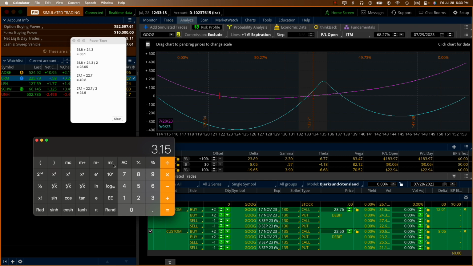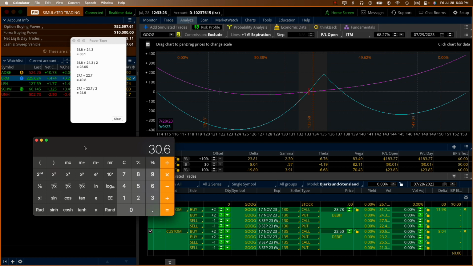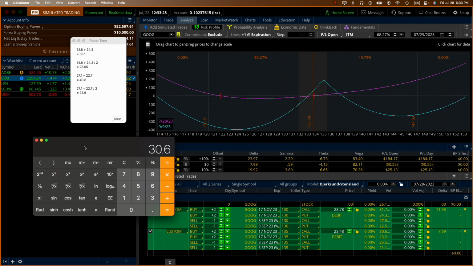So let's clear this up and do the 135, see if that's better. So the back month is average 26.9.